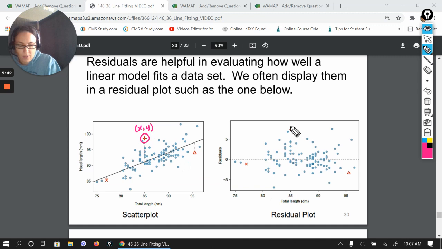On a residual plot, each point has an ordered pair x, comma, y minus y hat. So it's still the total length, comma, but then it's the difference between the actual data value and the predicted data value for the y-coordinate.